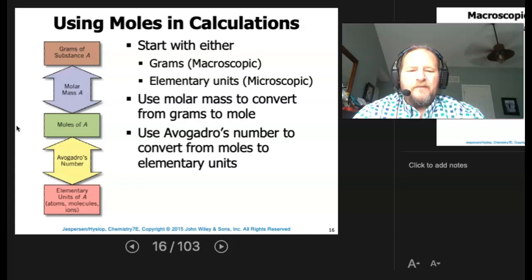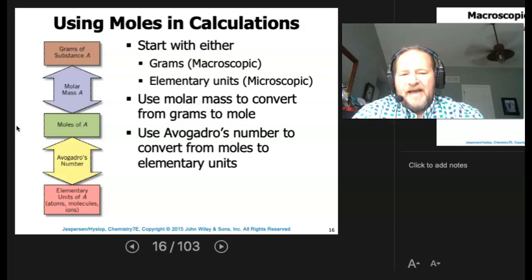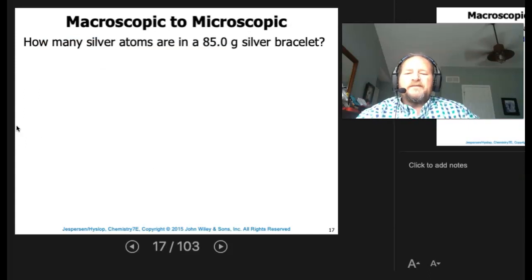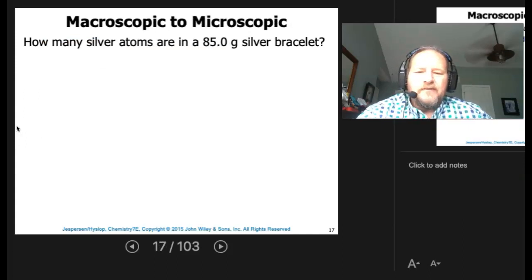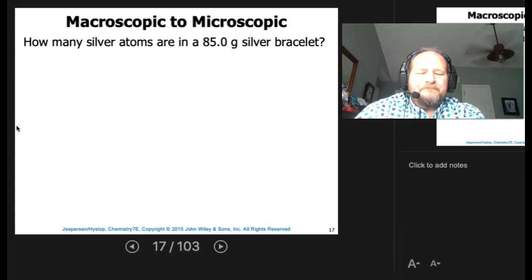Now, if I want to go from mass all the way to the units, or if I want to go from the units to the mass, it's got to be a two-step process where I'm going to have to go through the periodic table and take advantage of that mole relationship. So, how many silver atoms, there's our particle, are in 85 grams of a silver bracelet?